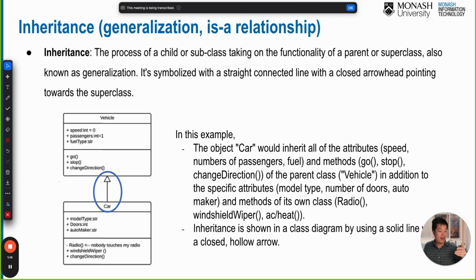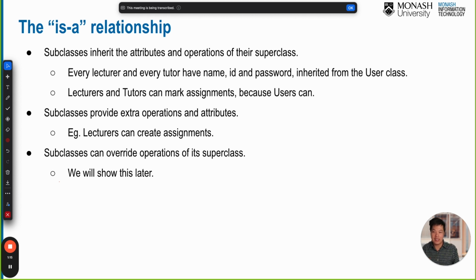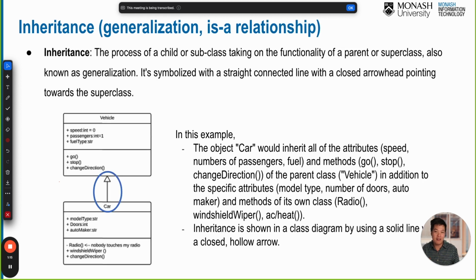Another one can be called a motorcycle. Motorcycle has speed, a passenger, a fuel type. They are common. Does it make sense? So we use the is-a relationship or the generalization to create the abstraction or inheritance. Here, it means that the car inherits the common properties from the vehicle class.